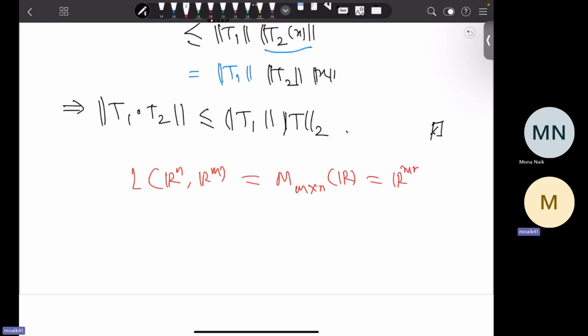So you can borrow the norm structure of R^{mn}. This is really called the Hilbert-Schmidt norm on this L(R^n, R^m). Now we have another norm here. There are two norms. One is the Frobenius norm, or Hilbert-Schmidt norm.